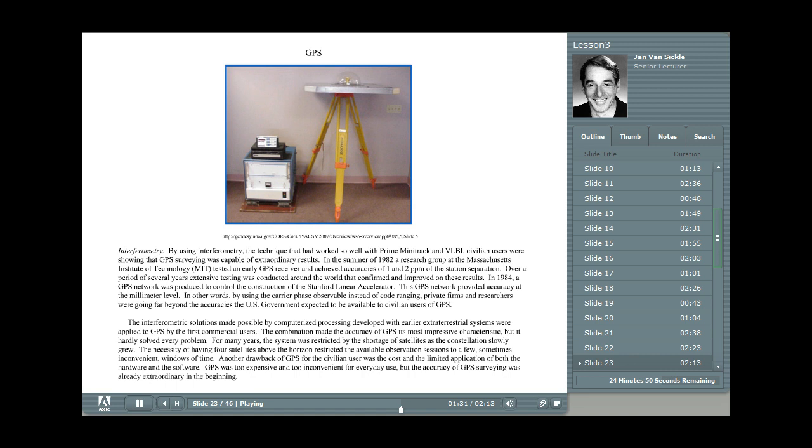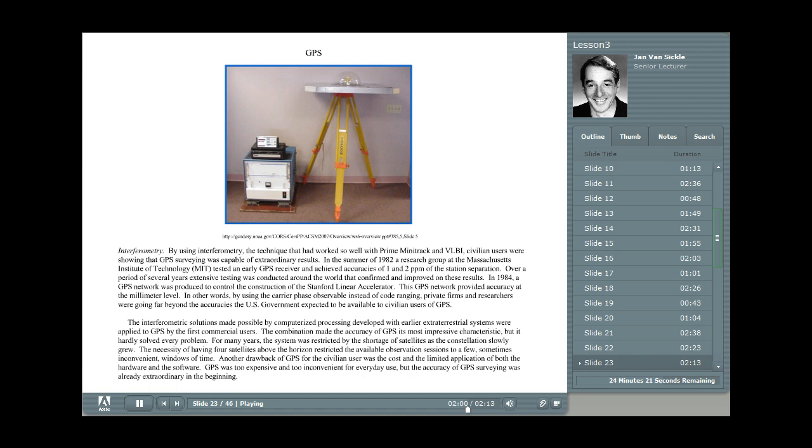And the system ran, as I recall, on 110 volts, so we had to carry generators with us. It was quite a beefy system to carry around and quite expensive. But it worked, and it worked rather well. It was possible to achieve 1 to 2 parts per million of the station separation, which was much more accurate than the 100-meter spec we were talking about earlier.